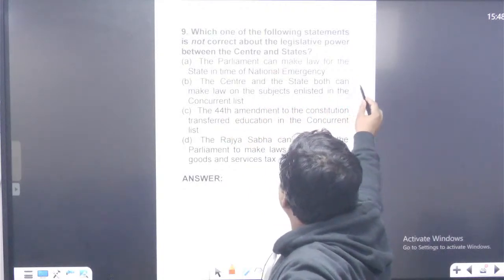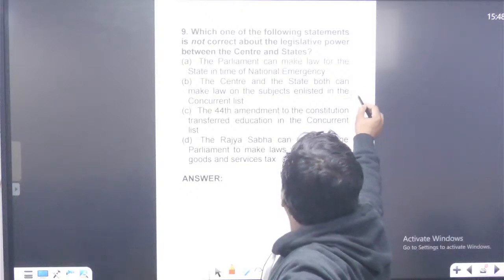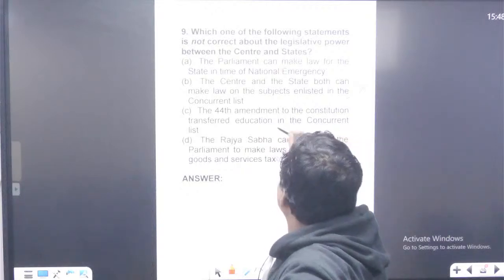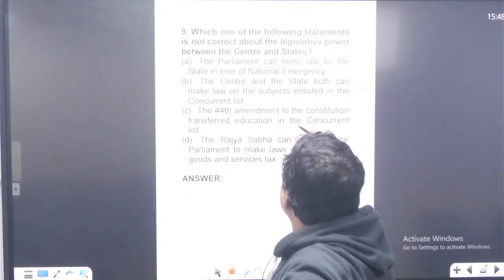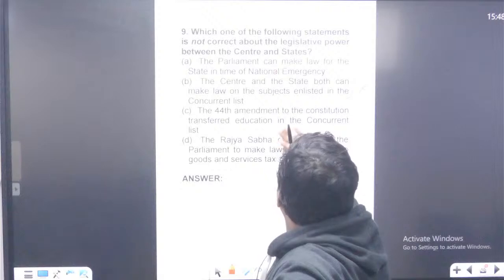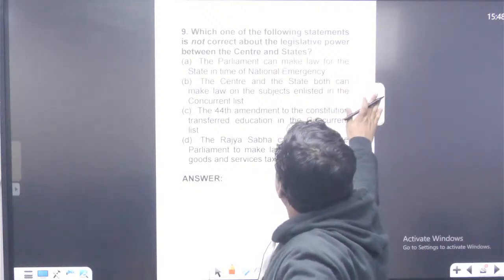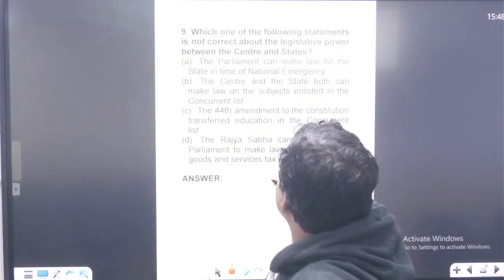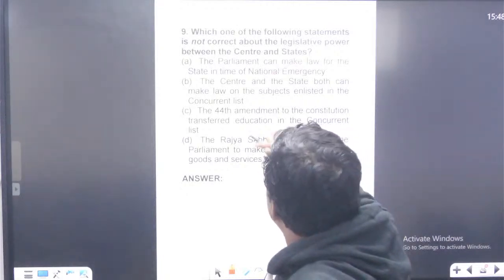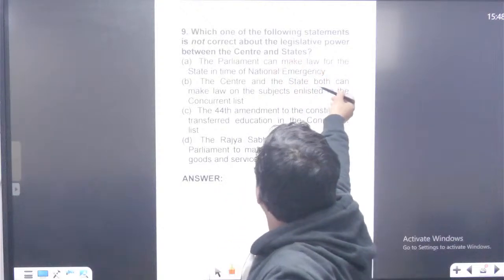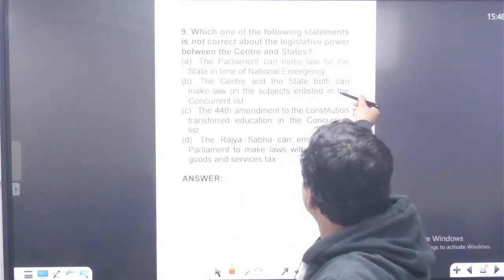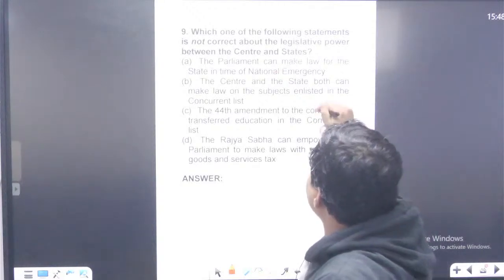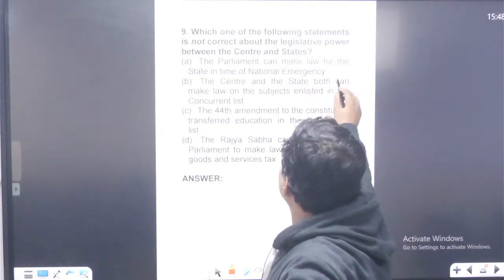So yes, during that time Parliament can make law for the state, the state can also make law, and the center can also make law.